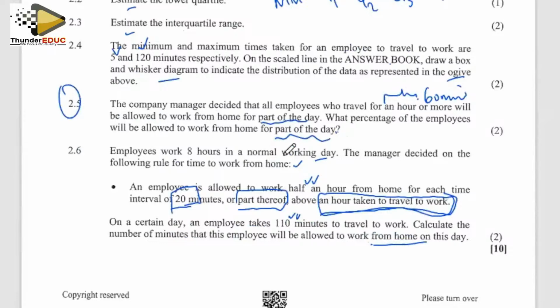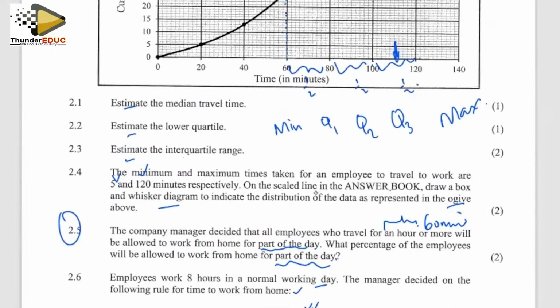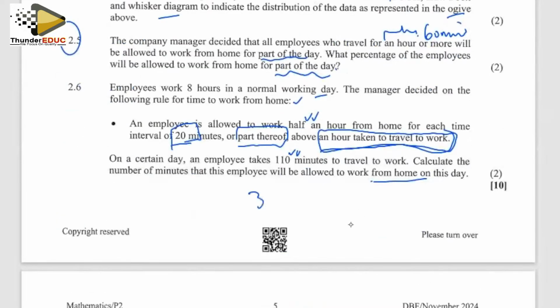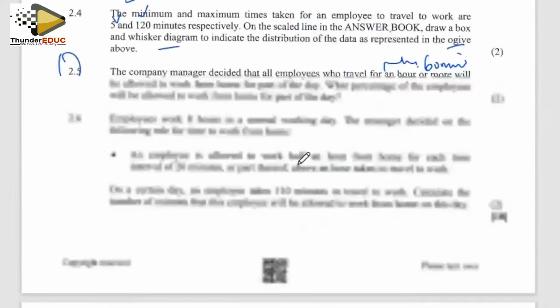So how many minutes? We're going to say we have half an hour, which is 30 minutes. That's another 30, and then that is also going to be another 30. So we can say we have 30 times 3, which gives us 90 minutes. Okay, so that is question number 2.